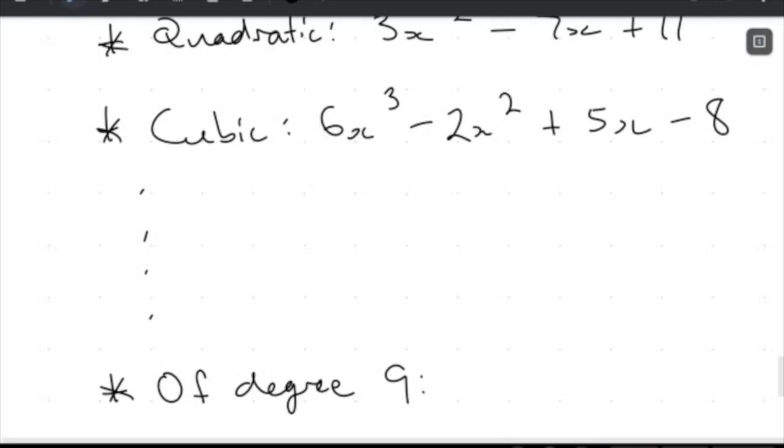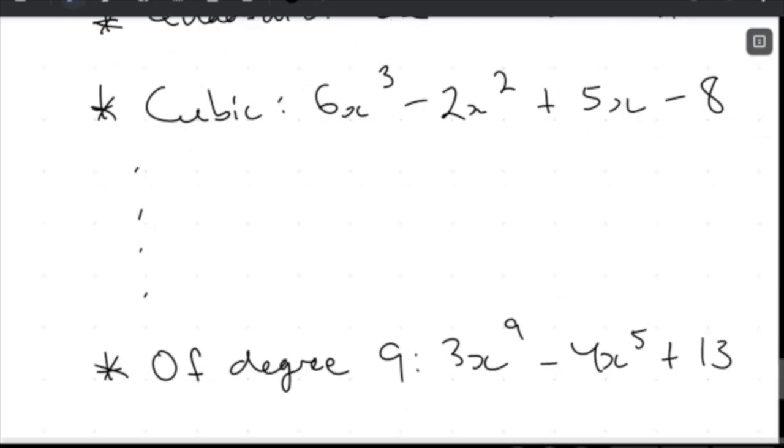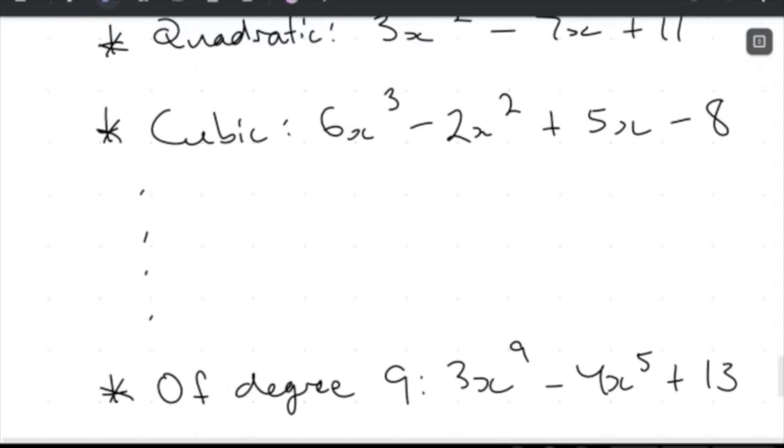Now this would be something like, I don't know, 3x to the power of 9 minus 4x to the power of 5 plus 13. Now, we have once again our leading term, our highest power, and the powers basically go down.